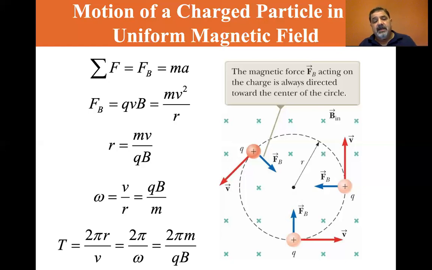The period becomes 2 pi r over the velocity, which is equal to 2 pi over the angular velocity. We're using omega equals QB over M. The period equals 2 pi M over QB, the charge times the magnetic field.